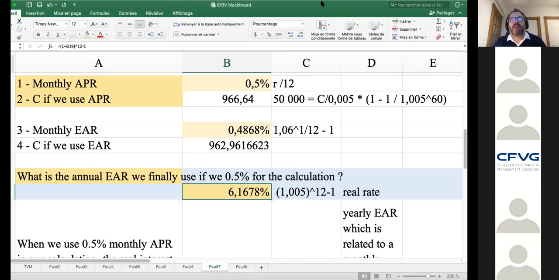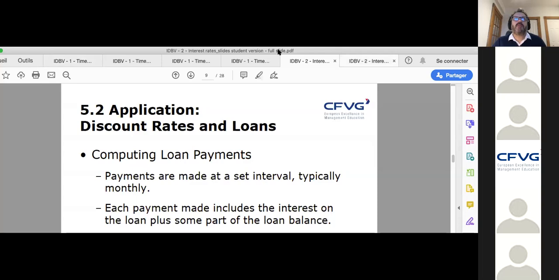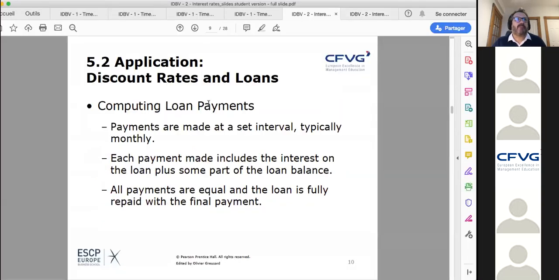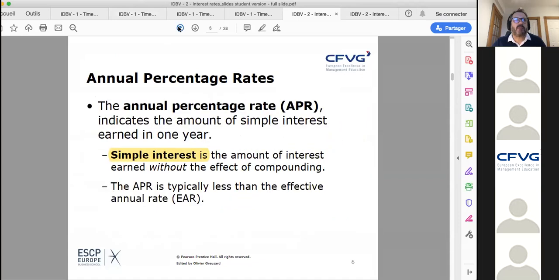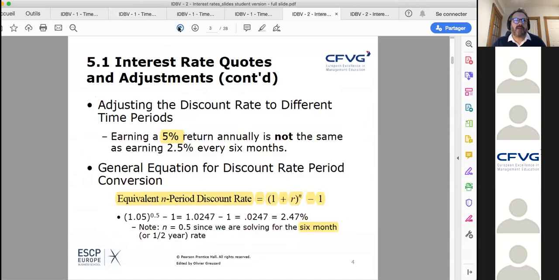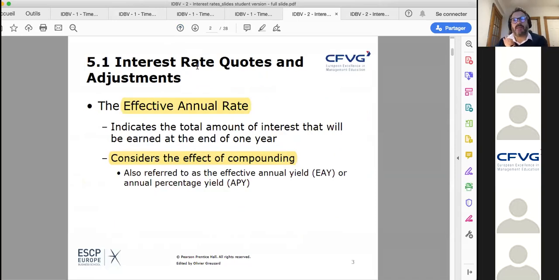I think we have an example in the slides afterwards. Let me check. So let me summarize also what we have. Okay, let me summarize everything. So we have two types of rates.